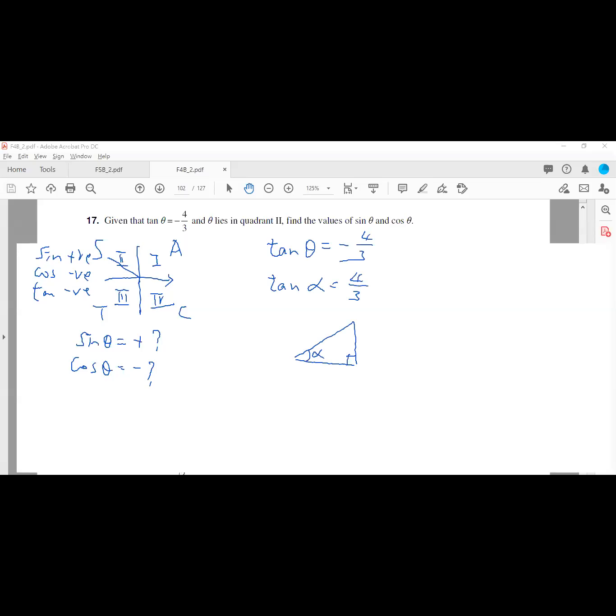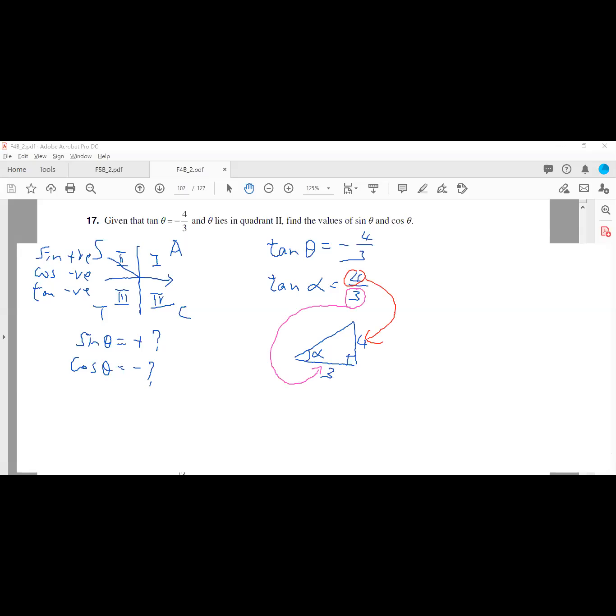Tangent is opposite side over adjacent side. So 4 will be the opposite side. Okay, I mean this 4 will go to the opposite side. And the 3 will be the adjacent side.